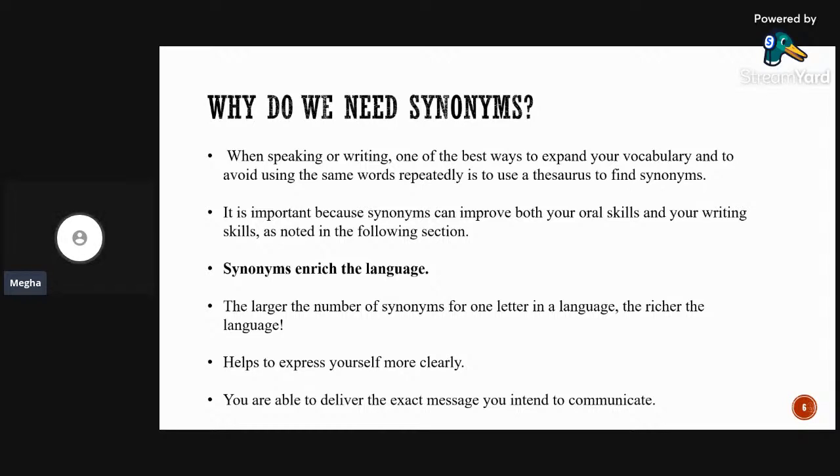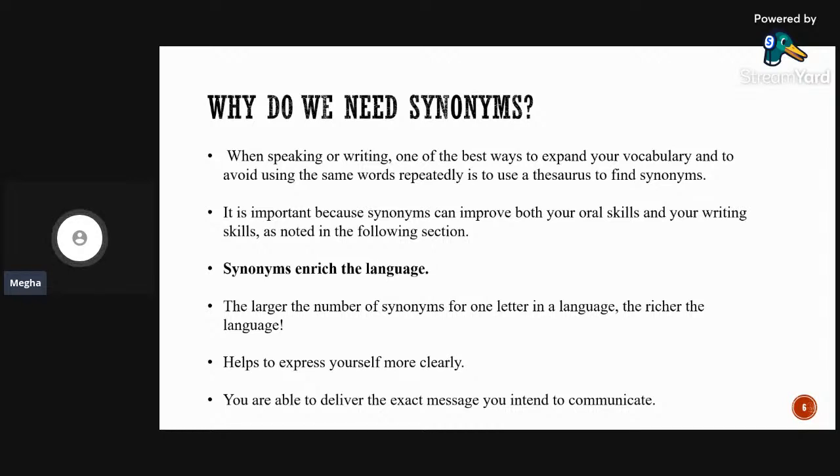Whether you're speaking, whether you're writing, when you know the synonyms, it doesn't make much of a difference whether you're reading out something, speaking, or writing, correct? So knowing the synonyms or antonyms is important. Improving your vocabulary is what is important.